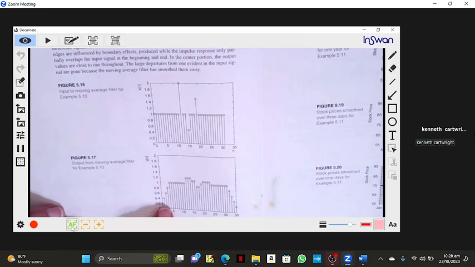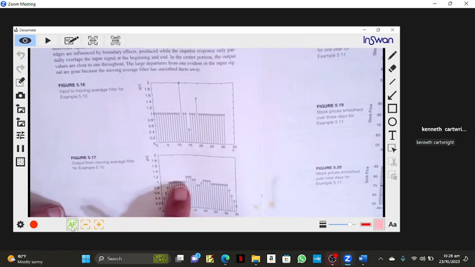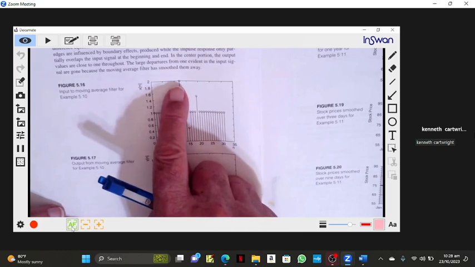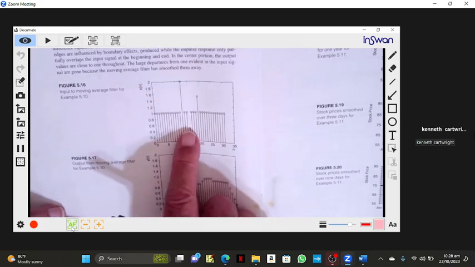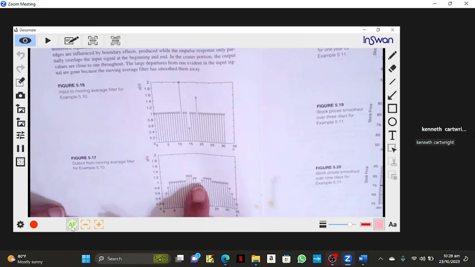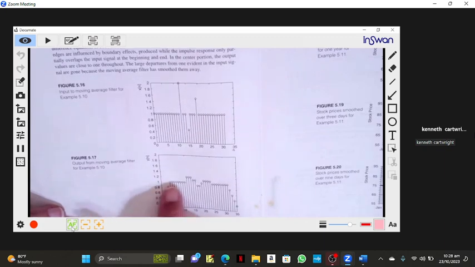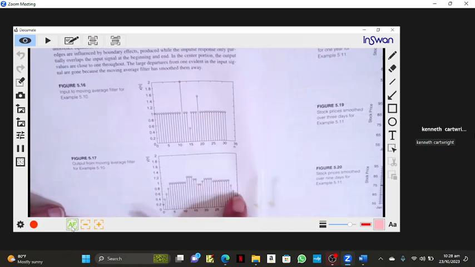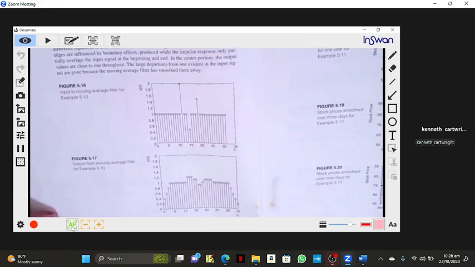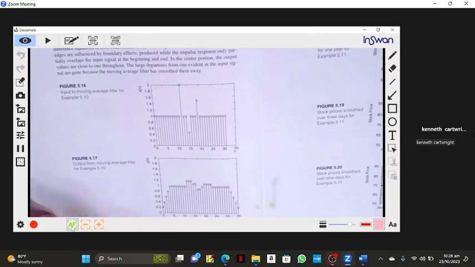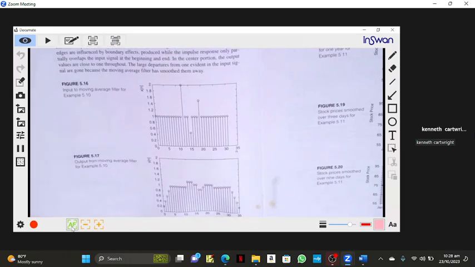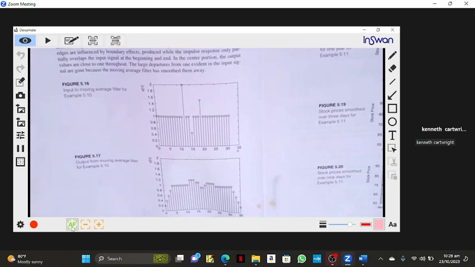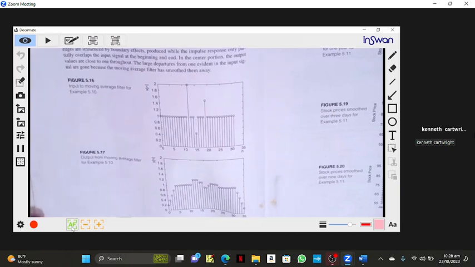Well, it takes a while to get up to the level we want, but then the peak is minimized, and this low is brought up. And when the signal lands, it takes a while to get back down to zero. So that's the kind of stuff a moving average filter would do for you. It smooths out the peaks and the valleys.